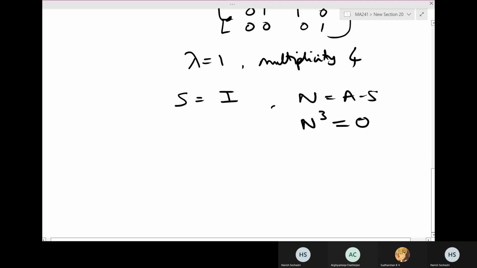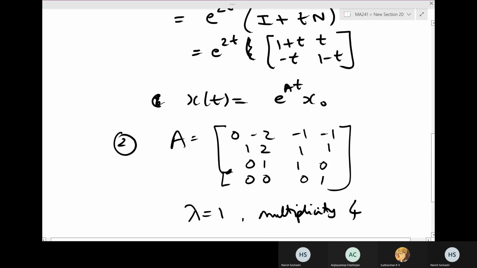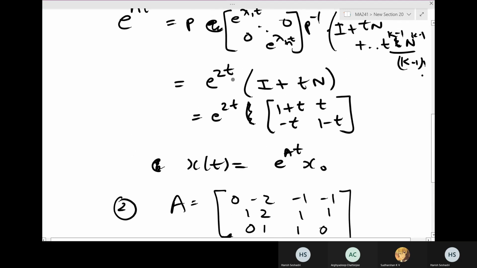and once you know this, x of t will be just e to the t, since all eigenvalues are 1, and then just like before, this part is just like what we had at this step.